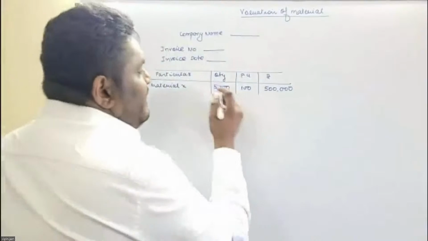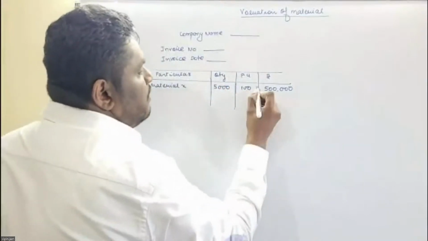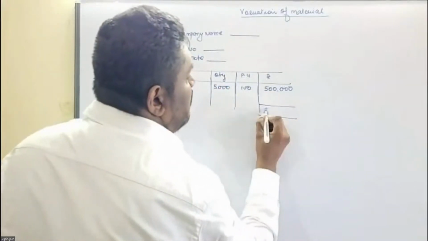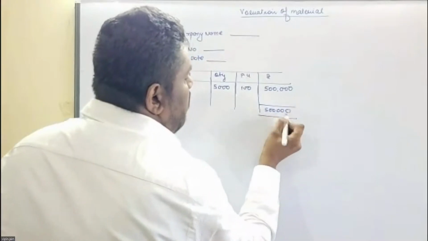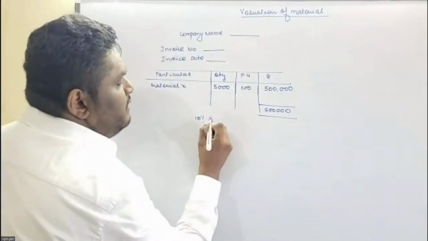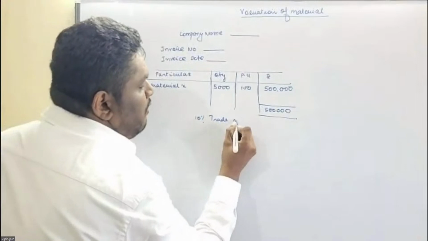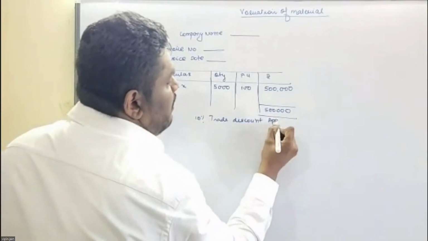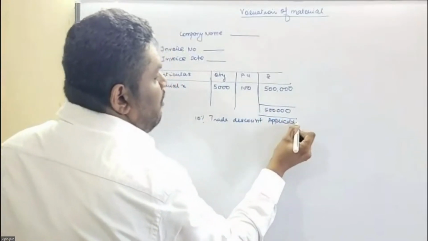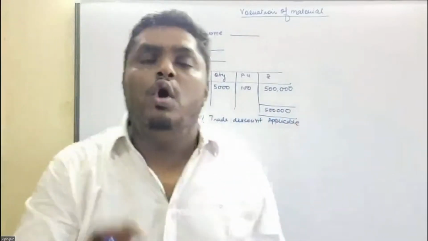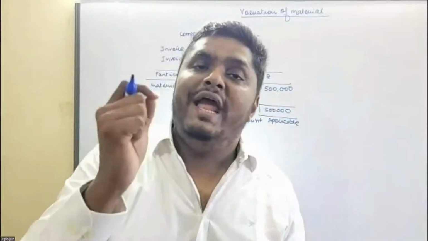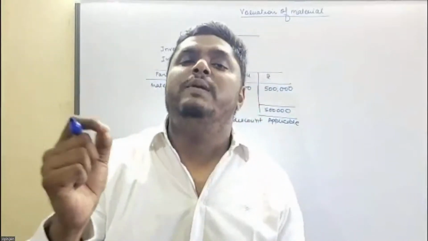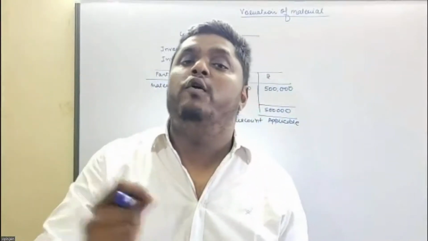Further, let's take one more example wherein the bill is given like this, with 10% trade discount applicable. In this case also, 10% will be reduced and 4,50,000 will be the value of inventory, value of material.